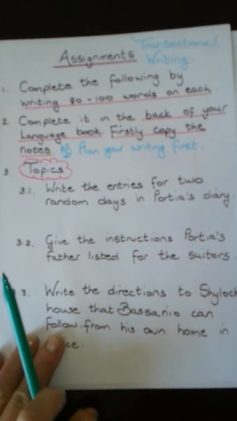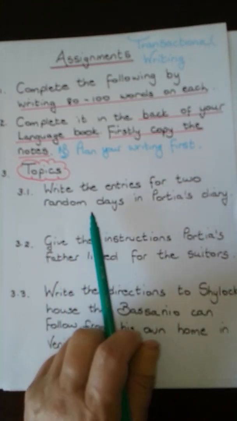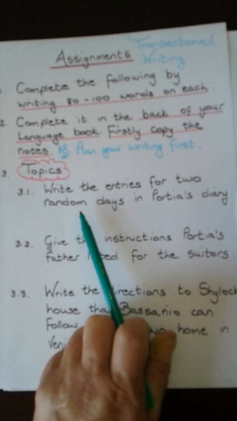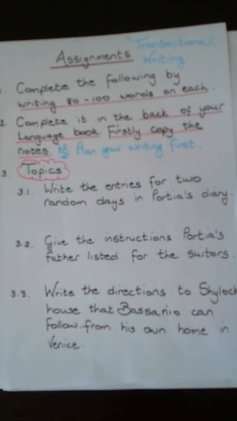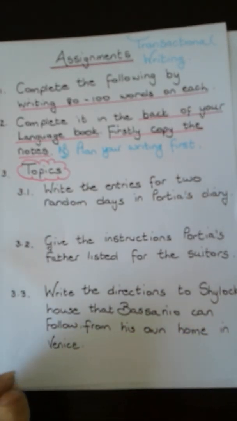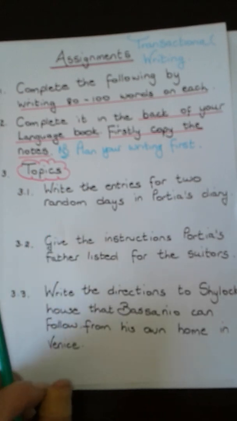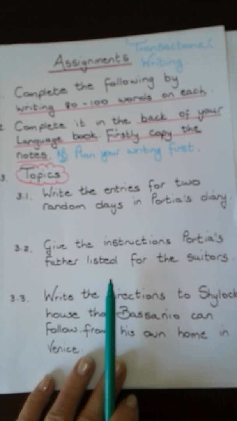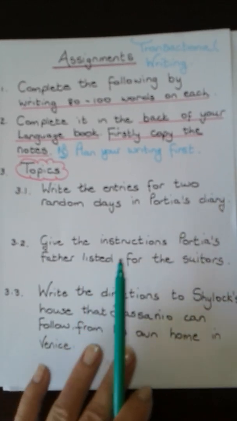The first topic is, we've all done Merchant of Venice and we've watched the movie and we've discussed the notes, so you have a fair idea and you can also use your notes in this regard. Remember, they will not give you every single detail that you can use, but that is why this is creative writing. You will base it on the story.